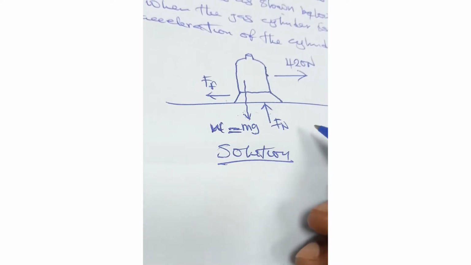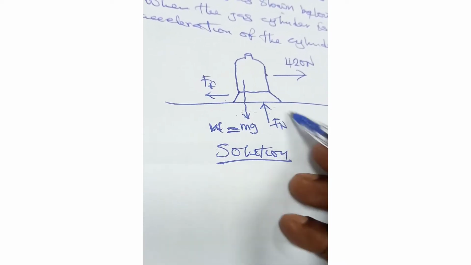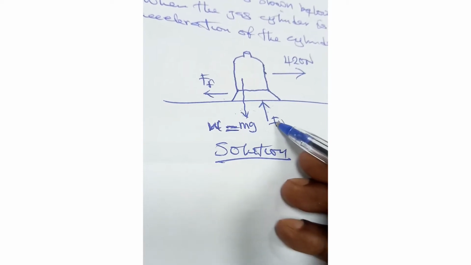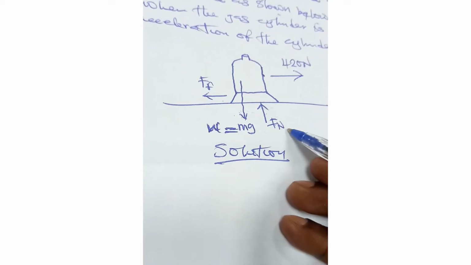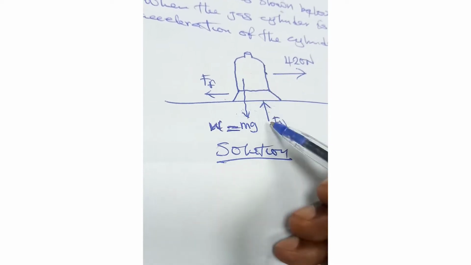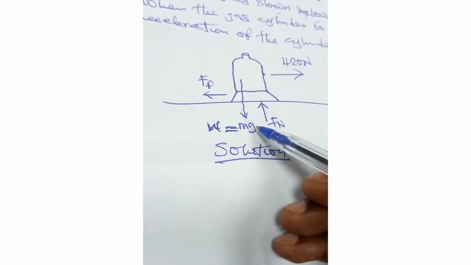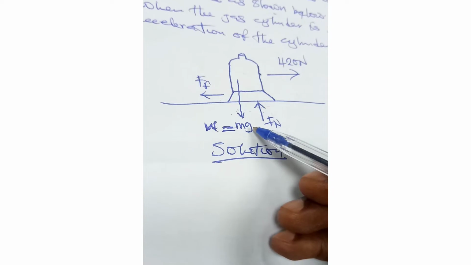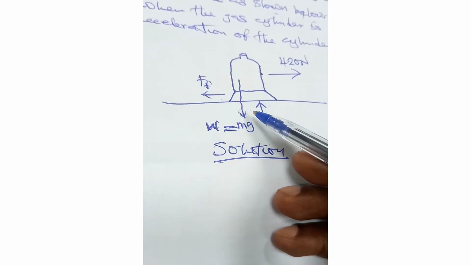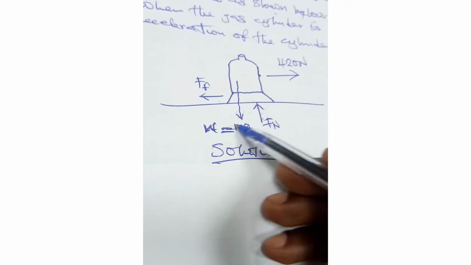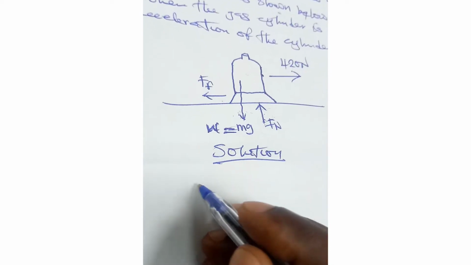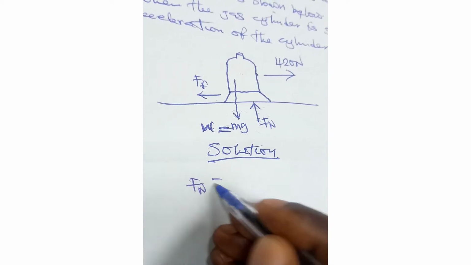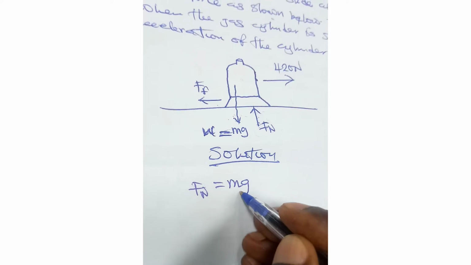So we are going to calculate this Fn first. Both of them give equal forces. That is, this and this are equal. Therefore, we say our Fn is equal to mg.